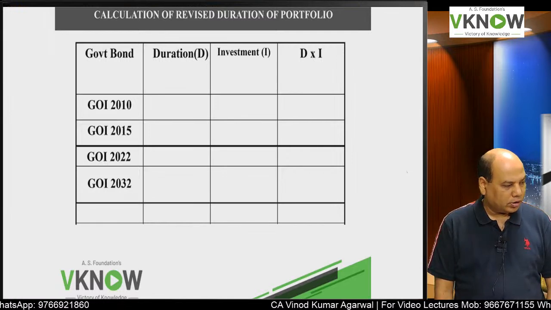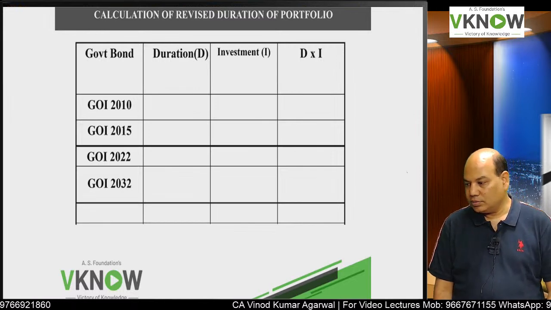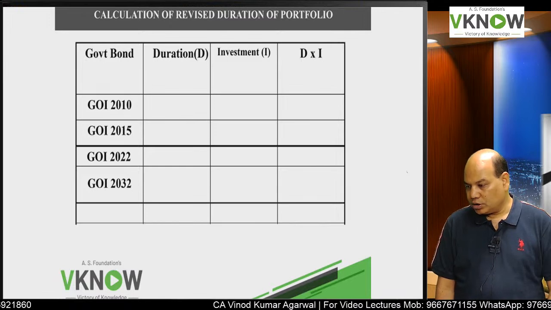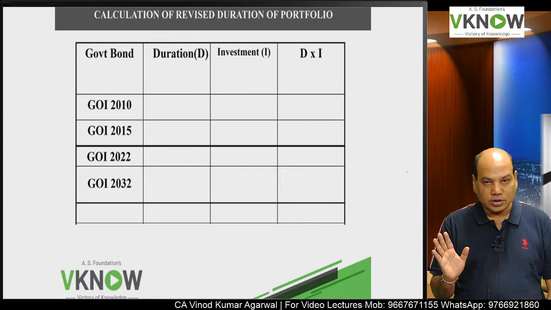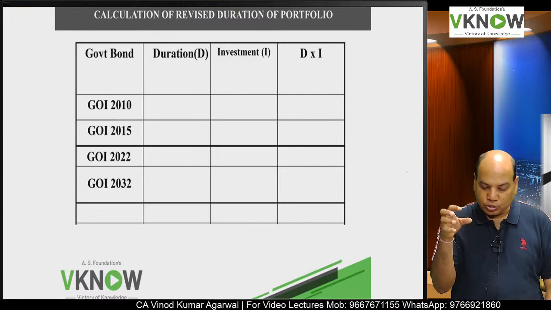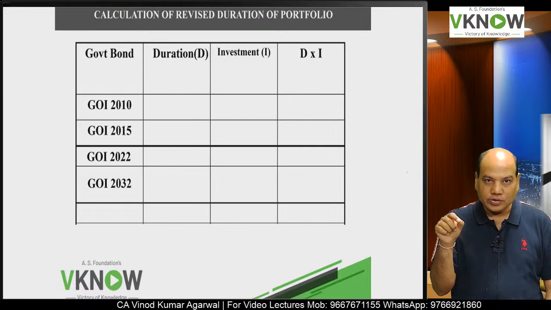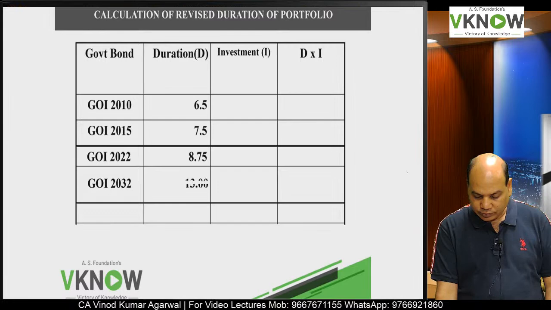Same 4 columns: government bond, duration, investment, duration into investment. So don't write 2006 now. We have sold it, and that money we are going to add in 2032 bonds. Duration is already given in the question.